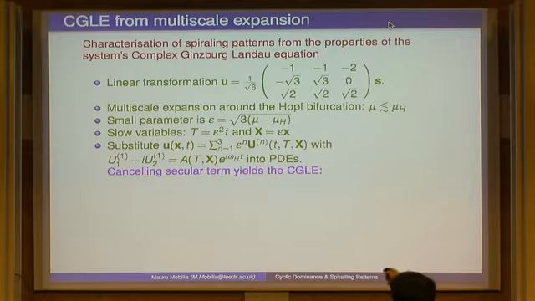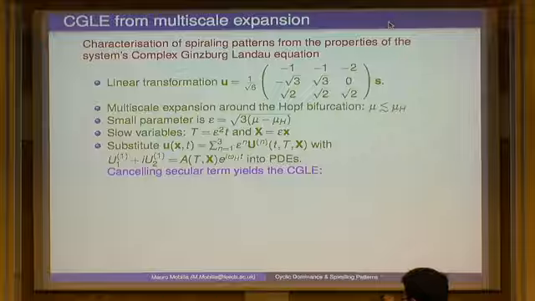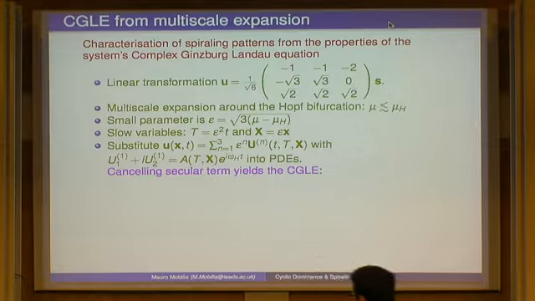So we do this linear transformation from S to U. Then we do a multiscale expansion around the Hopf bifurcation in terms of a small parameter epsilon, which is just the square root of mu minus mu h. We introduce the slow variables capital T, which is epsilon squared times t, which is time, and capital X, which is epsilon times x. These are the new time and space variables.